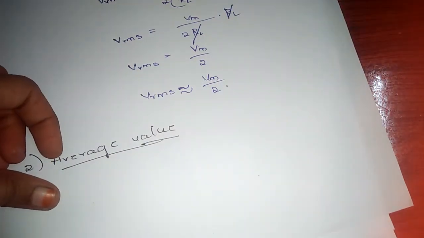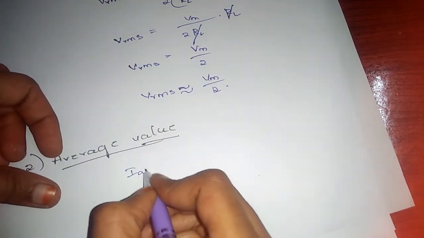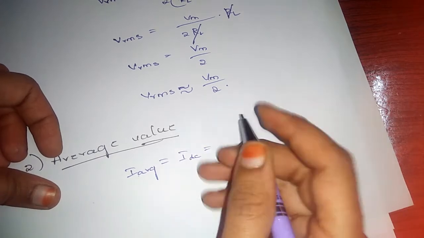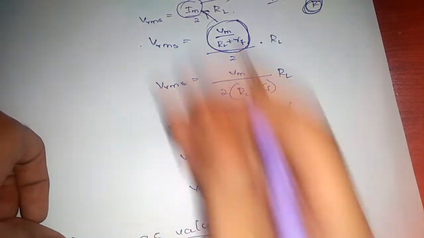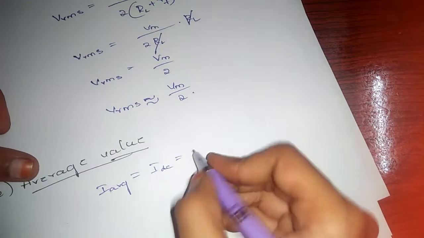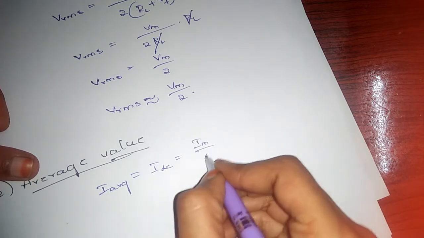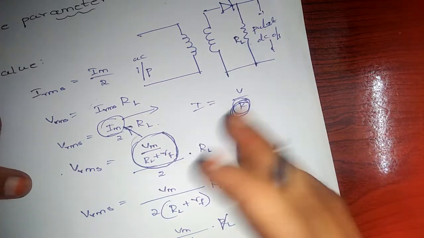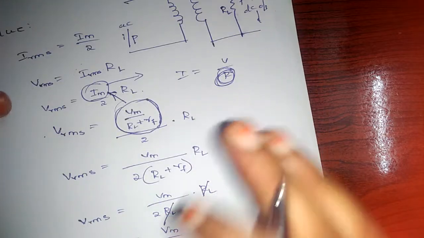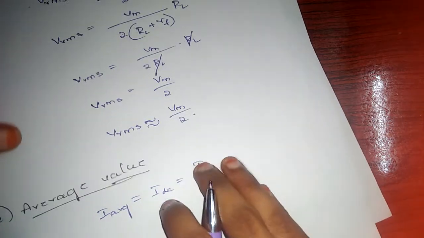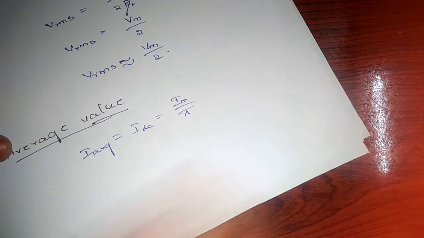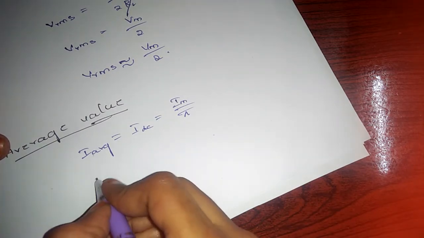So here we have I average, which is equal to I_DC, which is nothing but Im by pi. Why did I take pi? Because the diode conducts for only half of the 360 degrees, so we take it by pi.